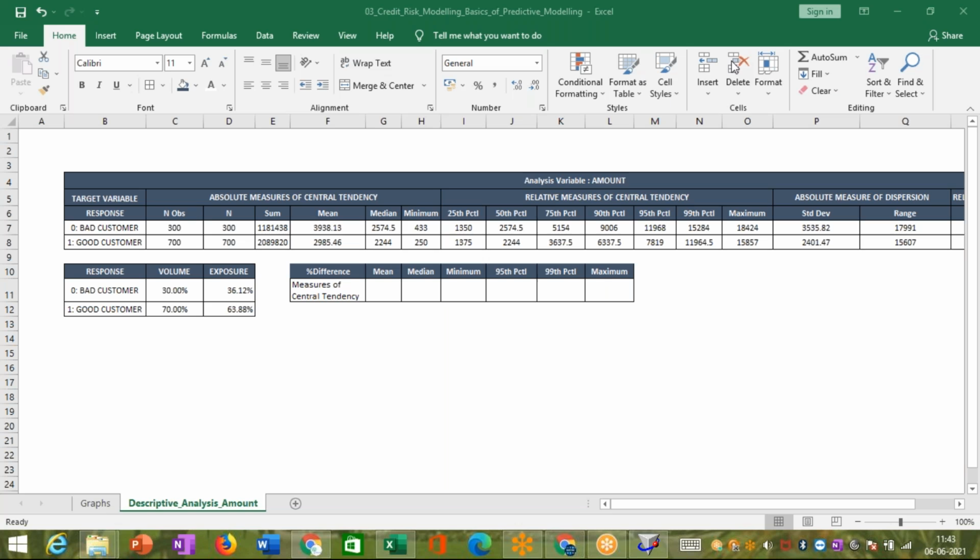Let's try to see the difference in the mean. The difference in the mean will be the mean of the bad customers minus the mean of the good customers, divided by the mean of the good customers.